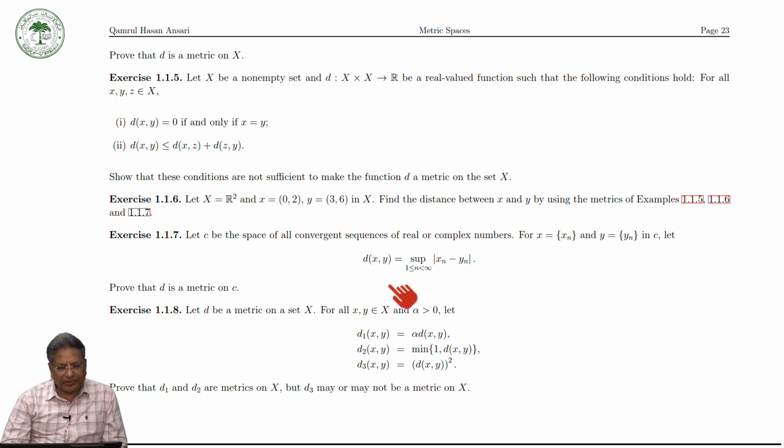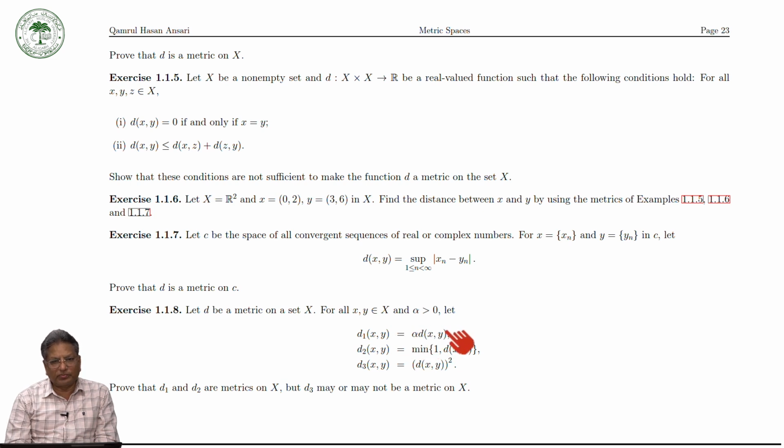Now, the important thing is that suppose D is a metric on X and alpha is greater than 0. Then another metric D1 you can define by using the previous metric D and alpha, like this, alpha times dxy.